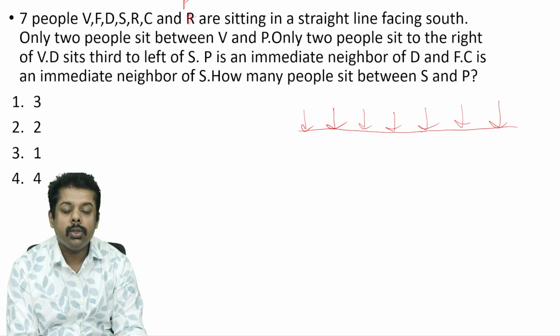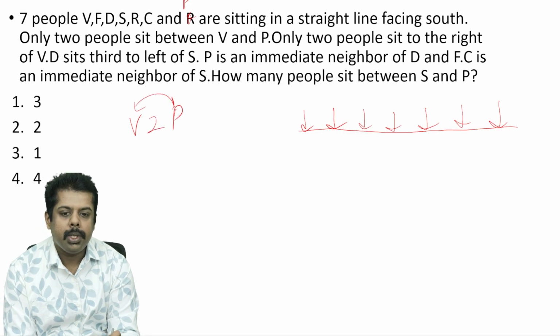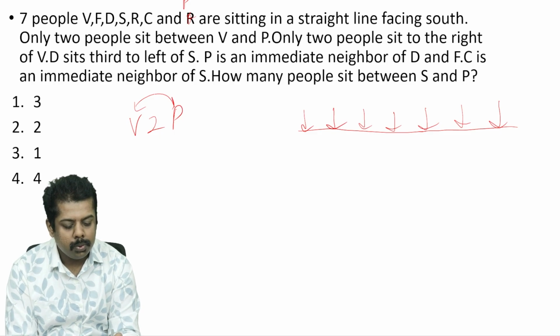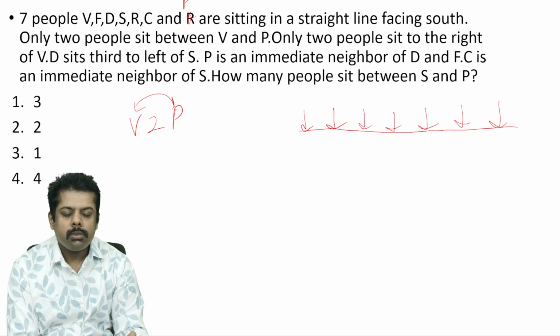The first point they have given is that only 2 people are between V and B. So we can note that point on this side. So 2 people are between V and B. Now the next point they have given, only 2 people sit to the right of V.